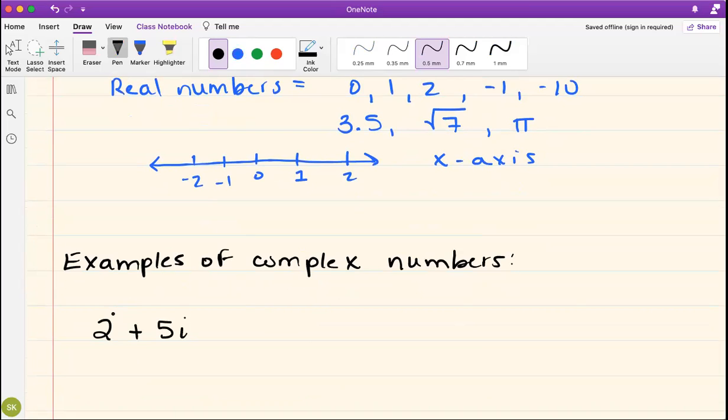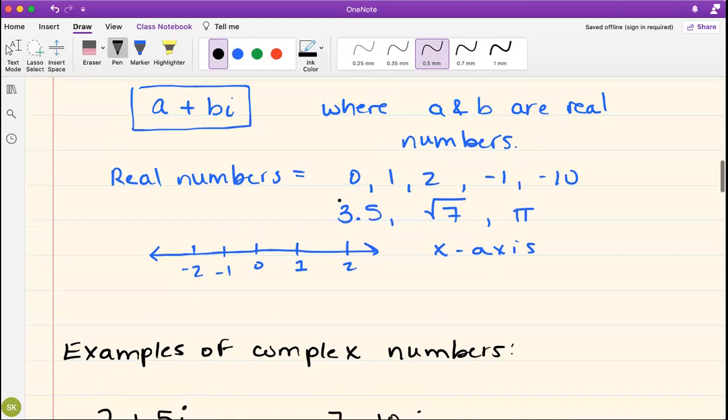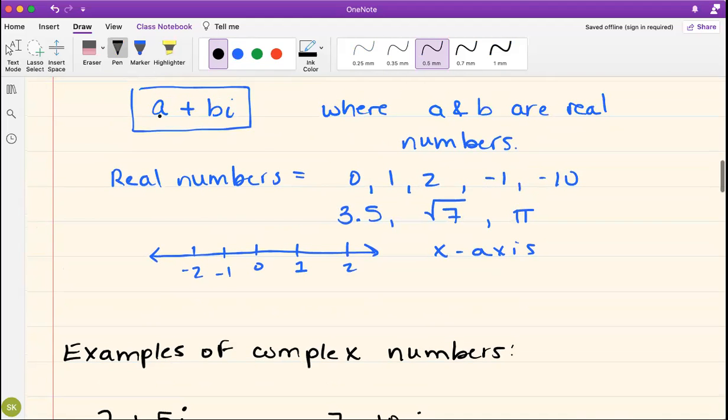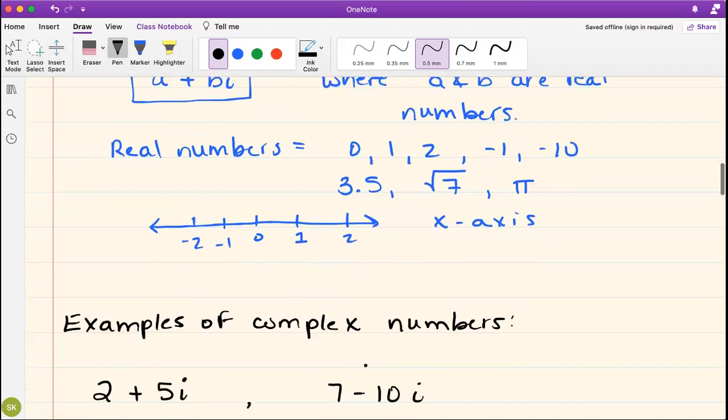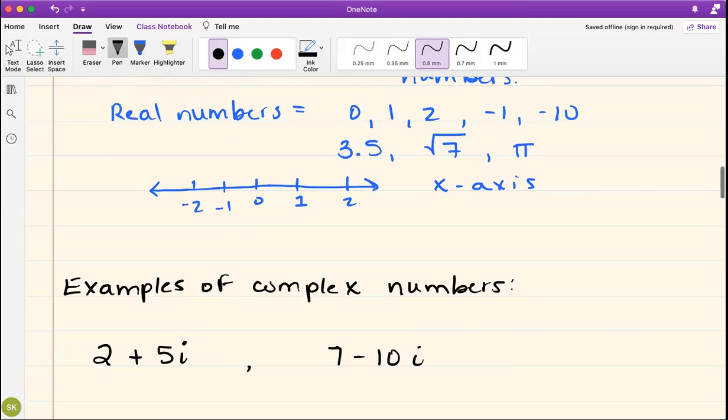That's a complex number. The real part of this is 2, and this is called the imaginary part because it's stuck with this letter i. We could also have something like 7 minus 10i. This takes this form, a plus bi. Here the a is 7 and the b is negative 10 because it's the same thing as 7 plus negative 10i.